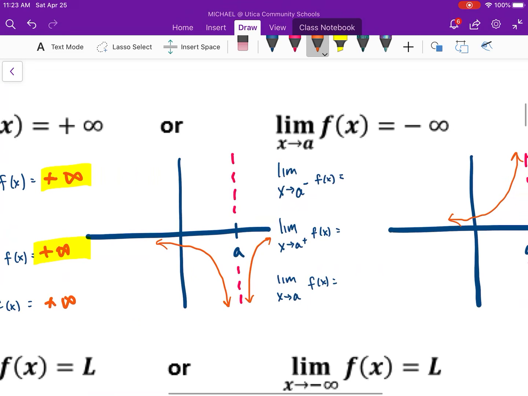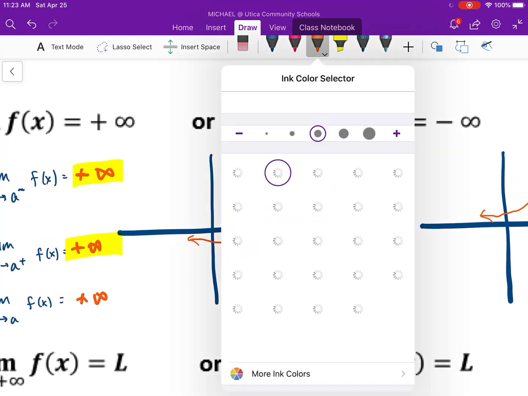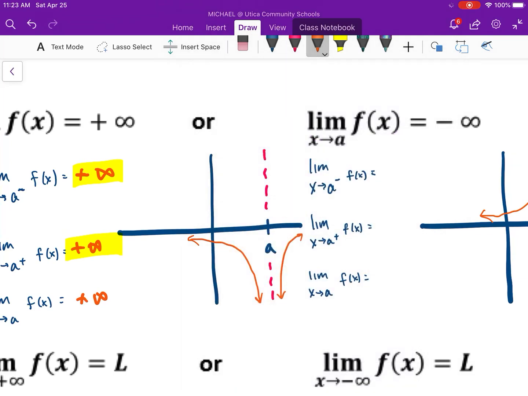In the second graph, this would be what would be happening if x is approaching a going towards negative infinity. So from the negative side, you can see that the graph is going down and down and down. So that would be negative infinity. From the positive side, it is also going down, down, down, which would be negative infinity.